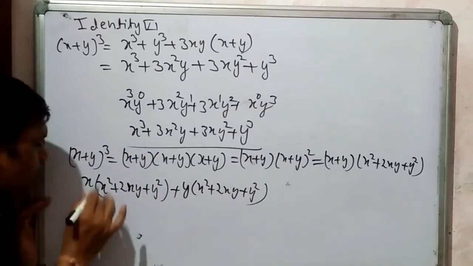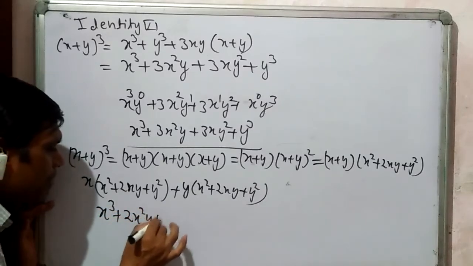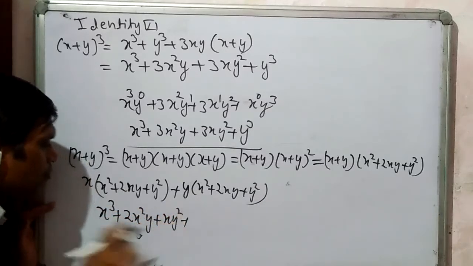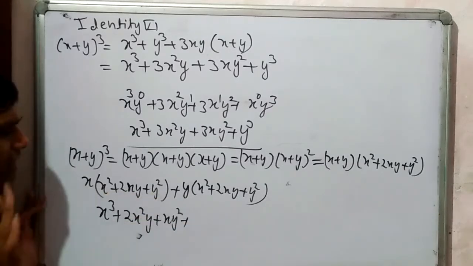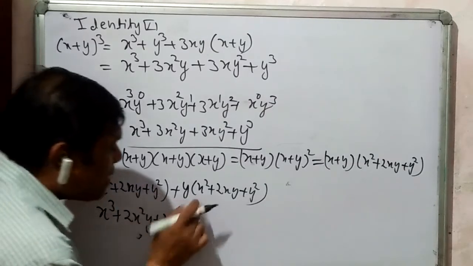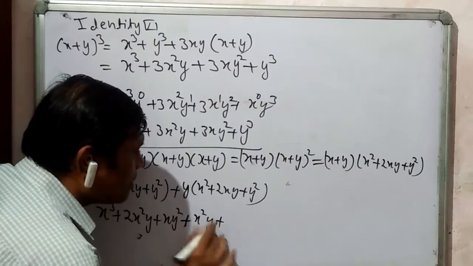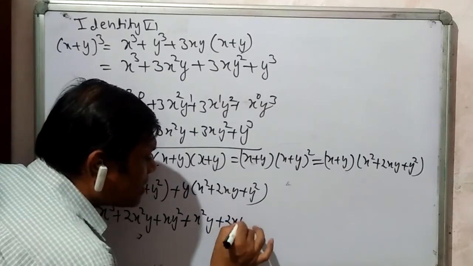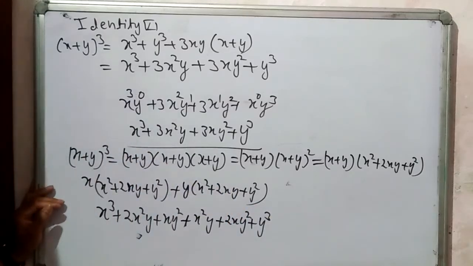Open up the brackets. What we get is x cube plus twice x square y plus xy square, x into x square, x into 2xy, x into y square. Multiply y. What we get is x square y, twice xy square plus y cube.